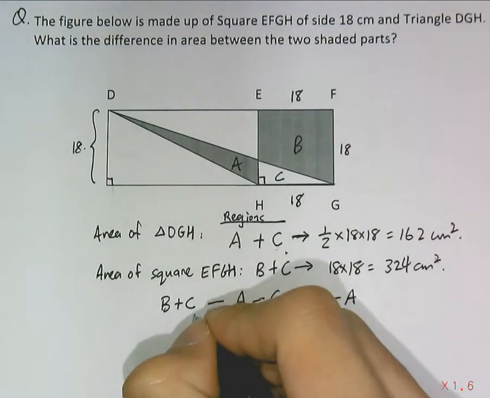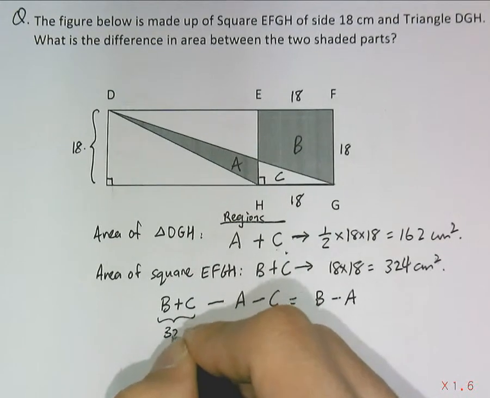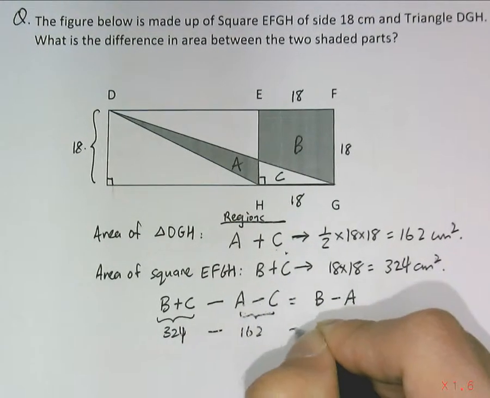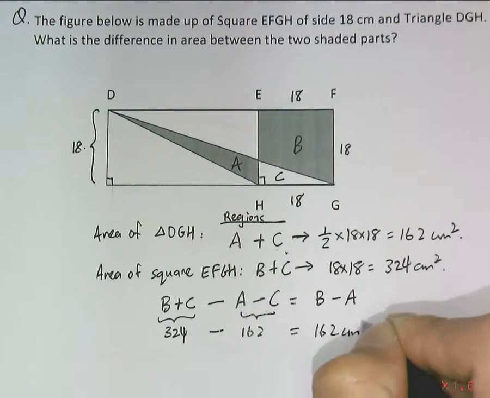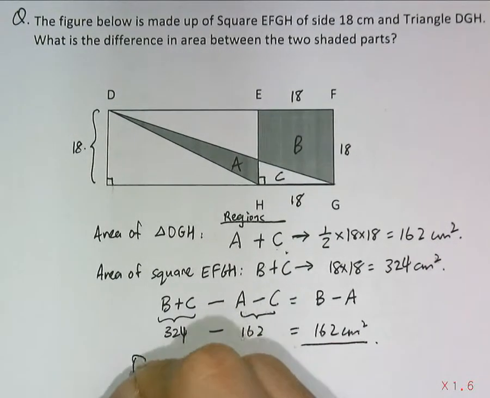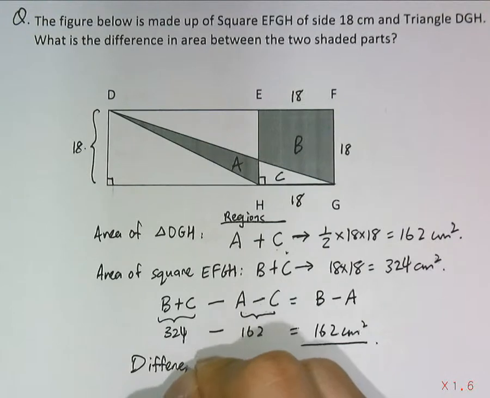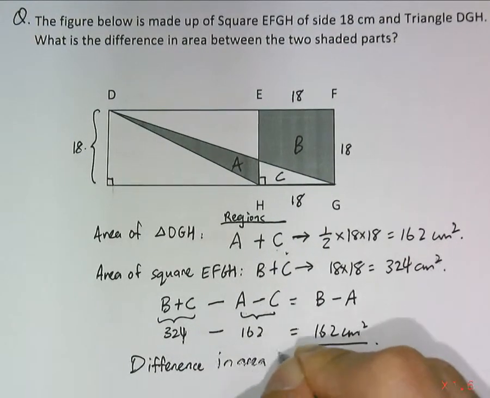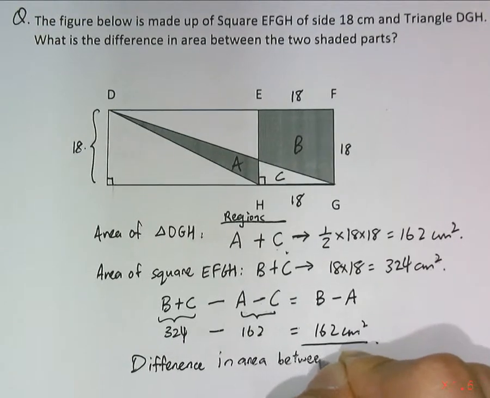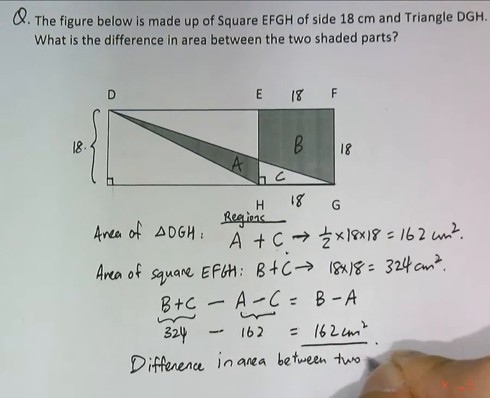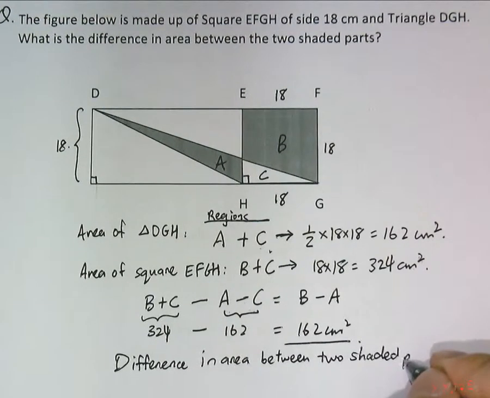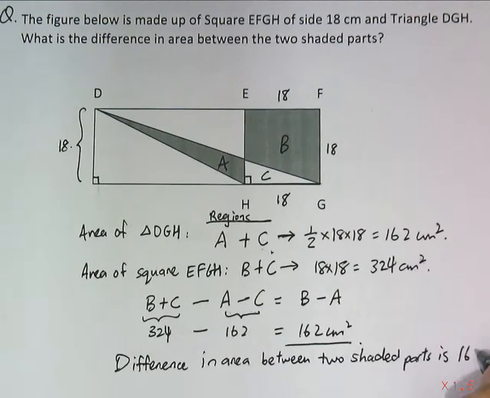The difference is therefore 324 minus 162. So the difference in area between the two shaded parts is 162 cm square.